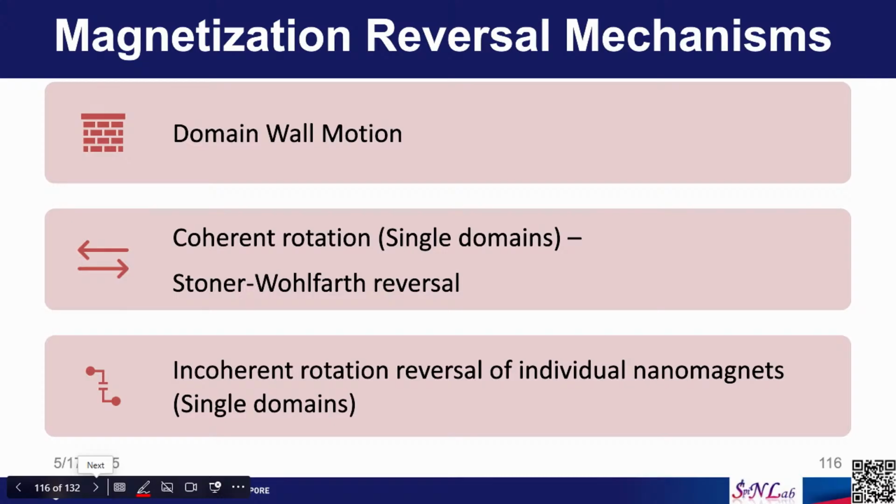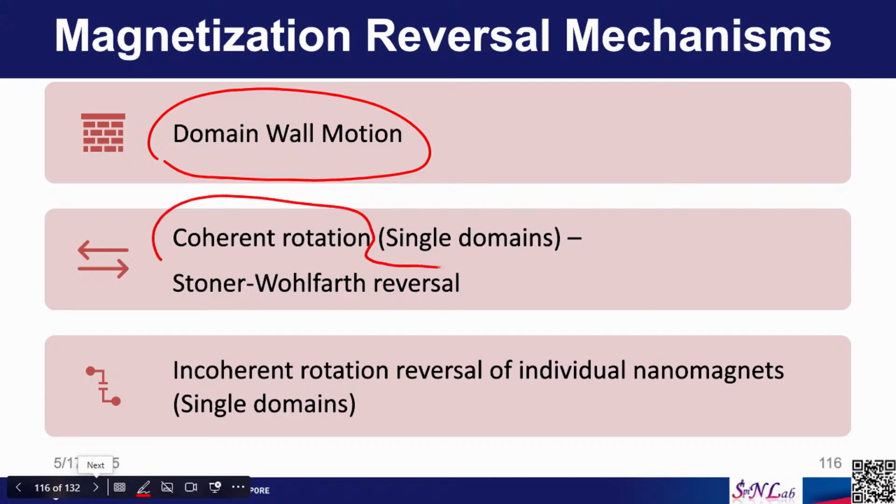One mechanism is called domain wall motion. Another type of reversal mechanism is called coherent rotation, which was proposed by these two scientists, Stoner and Wohlfarth. So, it is also called the Stoner-Wohlfarth reversal mechanism.